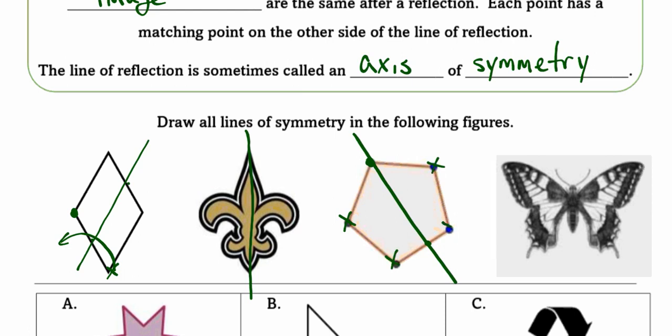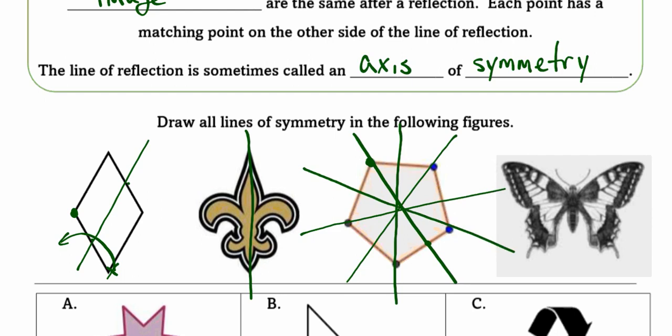This one would flip over and land on that point. That's going to be true of each vertex. You can go from the vertex to the opposite side, and each one of those is going to be a perfect line of symmetry. So a pentagon has 5 sides or 5 vertices, and it also has 5 lines of symmetry, a regular pentagon, when all the sides are the same.